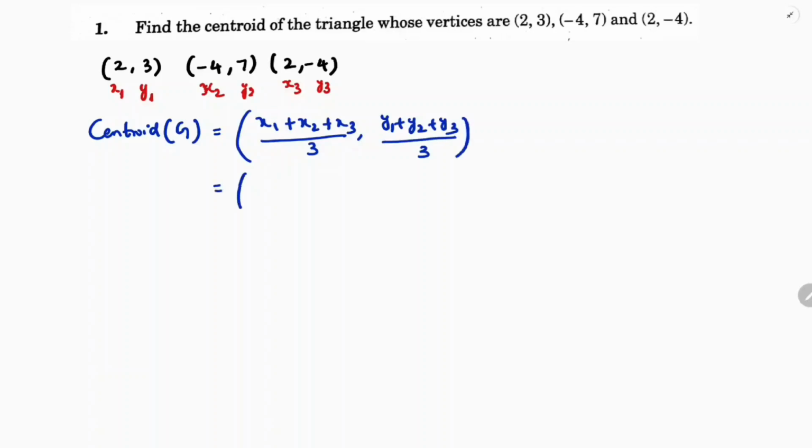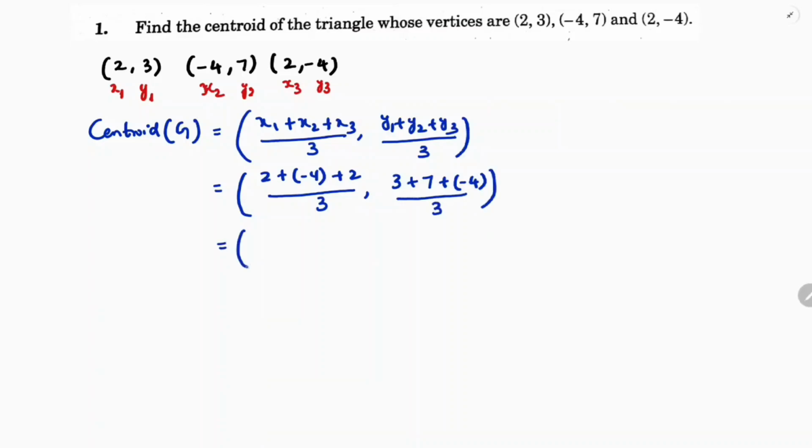So here x1 is 2, x2 is minus 4, x3 is 2, so 2 plus minus 4 plus 2 by 3, and y1 is 3 plus 7 plus y3, minus 4, by 3.